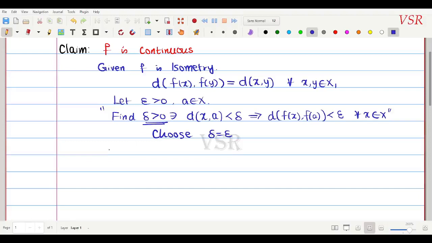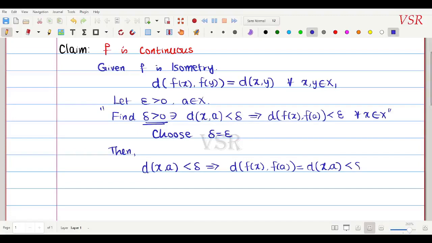Now whenever distance between x, a is less than delta, this would imply that distance between f(x), f(a) equals distance between x, a, which is less than delta equal to epsilon. Here, take the first distance as d1 and the other as d2. It is given this way: this is d1 and this is d2. They are not the same metric; they are two metrics, aren't they?